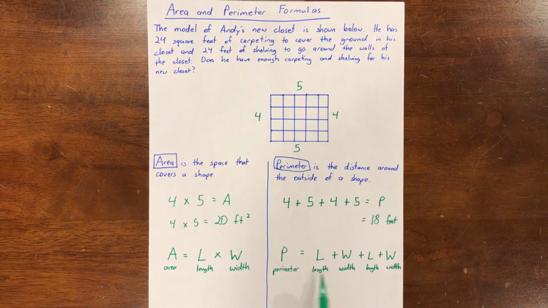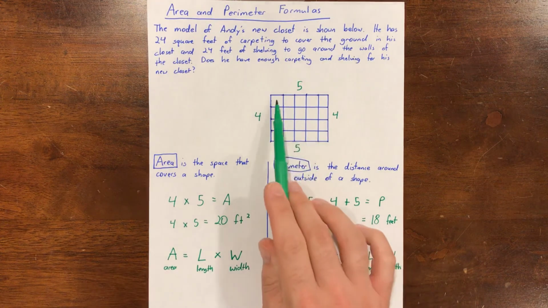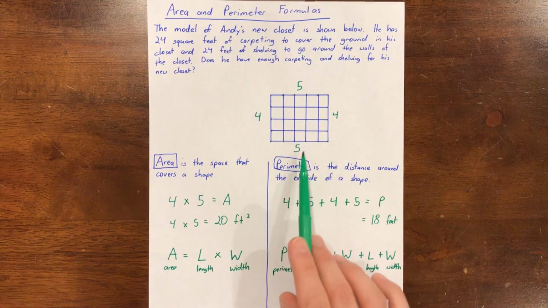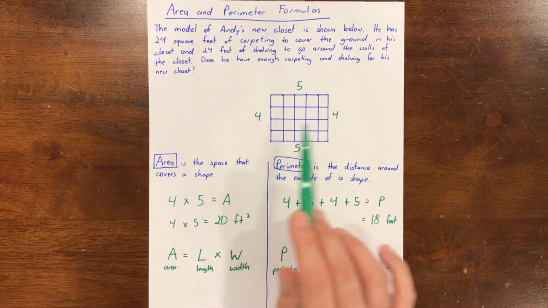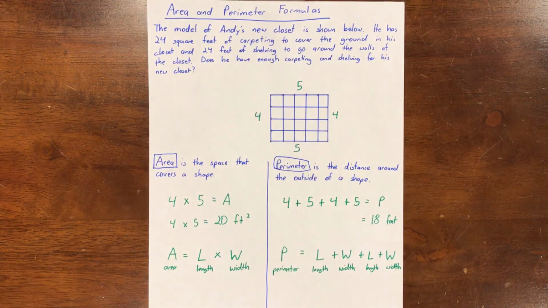Why do we have to add the length and the width twice? Go ahead and say that out loud. Yeah, because there are two sides, here and here, that equal the length, and two sides, here and here, that equal the width. We have to add the measurement of all the sides to find the perimeter.